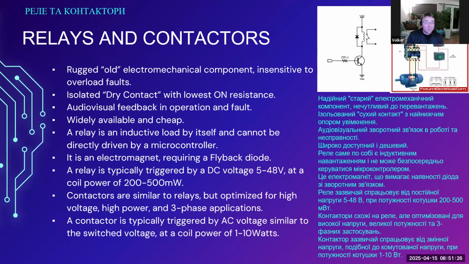Widely available and cheap, I mentioned that. A relay is an inductive load by itself and cannot be directly driven by a microcontroller. If you look at the first picture in the upper right-hand corner, this is how you usually drive a relay from a microcontroller. You use a BJT, a bipolar junction transistor, which will be on the next slides.